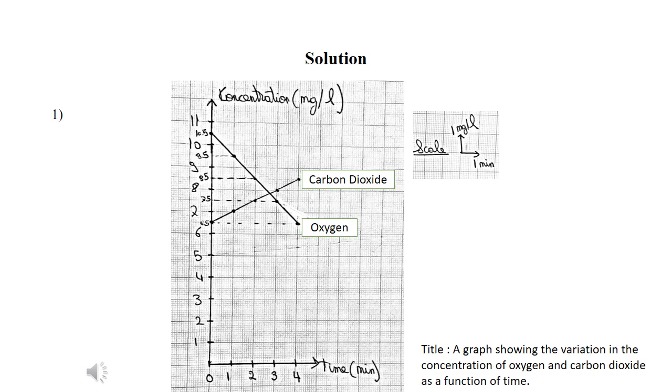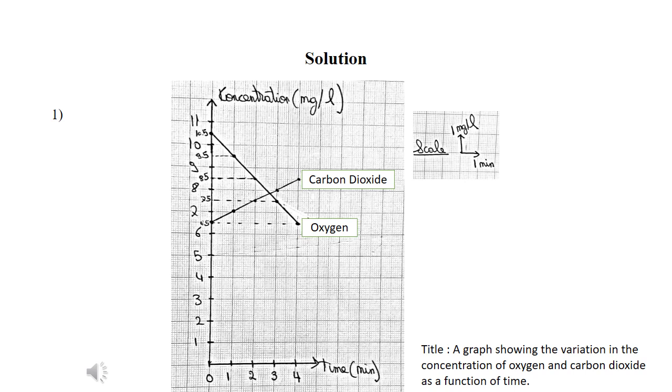At time 0 minute, during the degradation of glucose in an animal cell, the concentration of carbon dioxide is 6.5 milligram per liter, while that of oxygen is 10.5 milligram per liter.